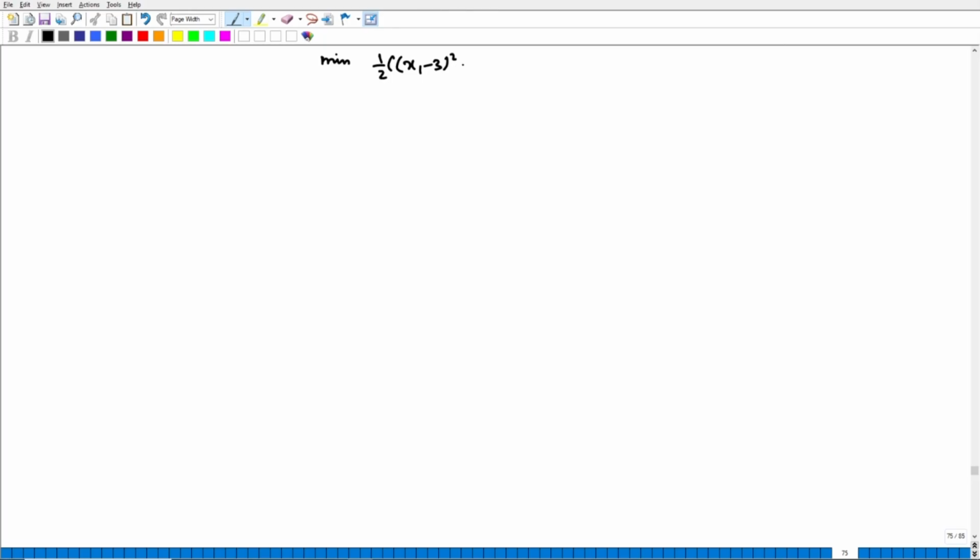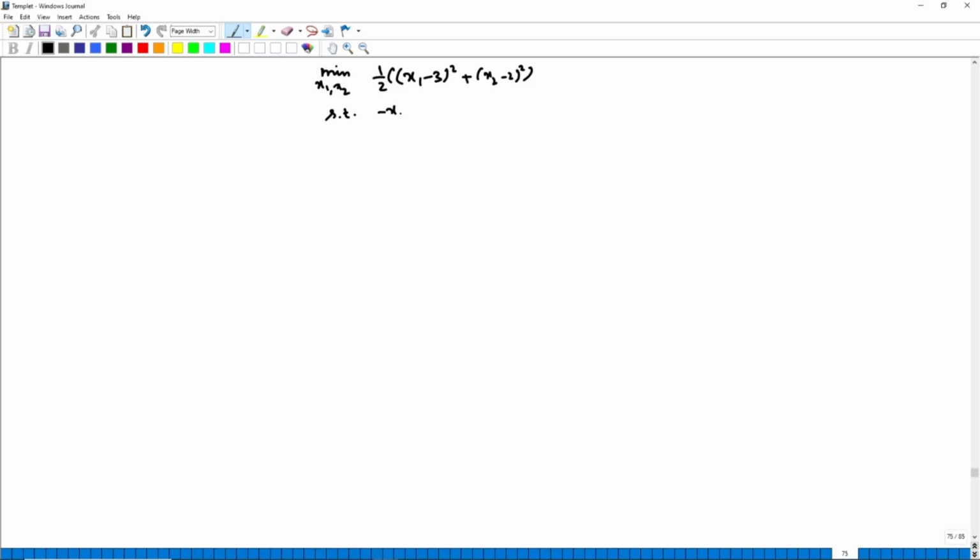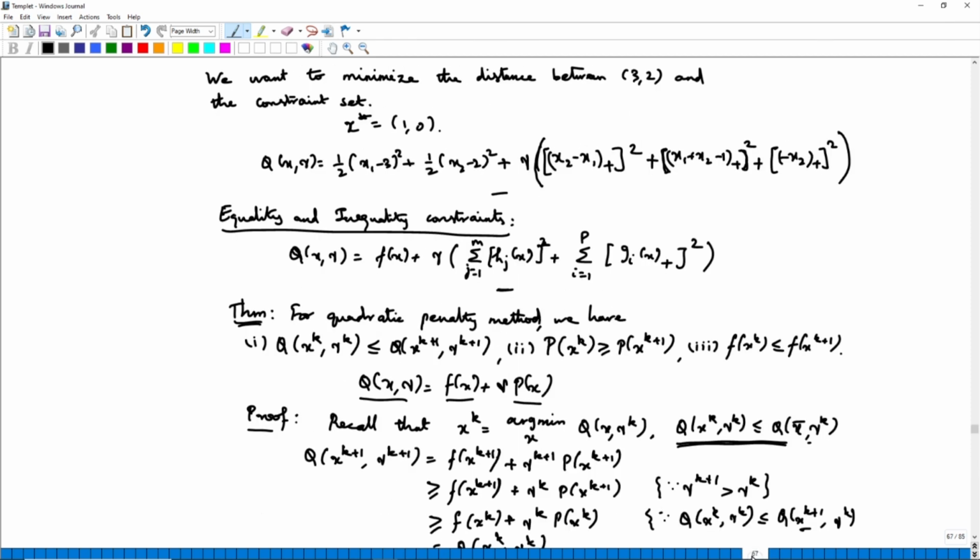Minimizing over x1 x2, half of x1 minus 3 the whole squared plus x2 minus 2 the whole squared, subject to the constraints such that the following constraints hold: minus x1 plus x2 less than or equal to 0, and x1 plus x2 minus 1 less than or equal to 0, and minus x2 less than or equal to 0. So yeah, I have just copied down what we had here.